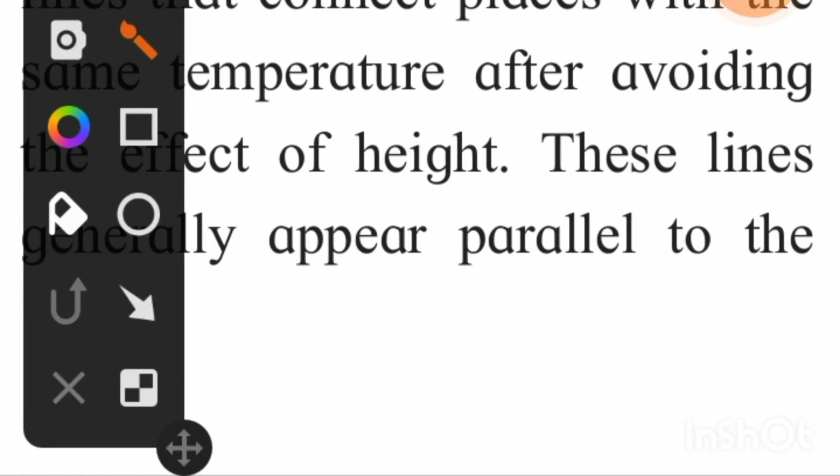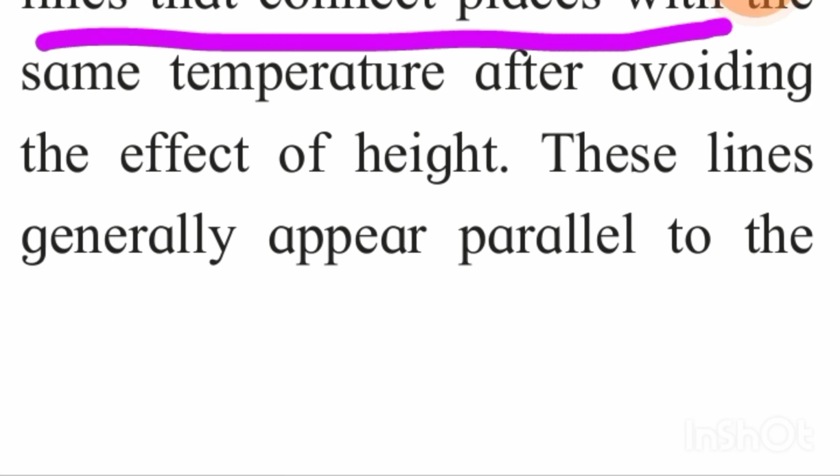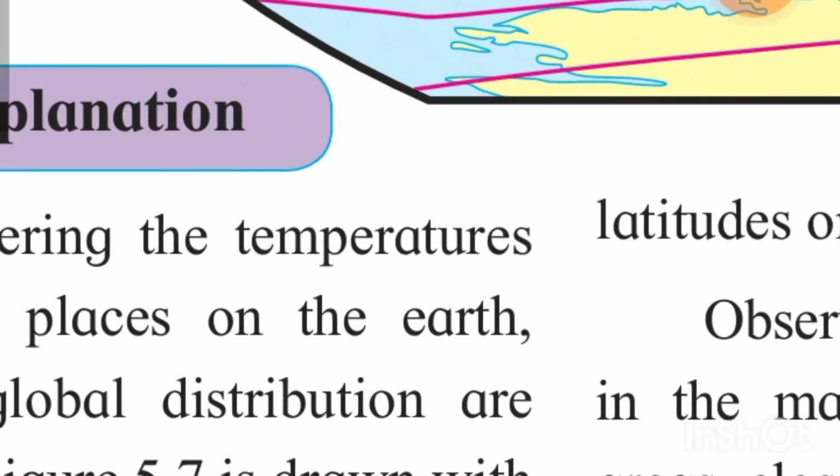It's written here that isotherms are lines that connect places with the same temperature after avoiding the effect of height. So it's a line which is drawn in this map, or you can see in this globe. You can see this pink line here.